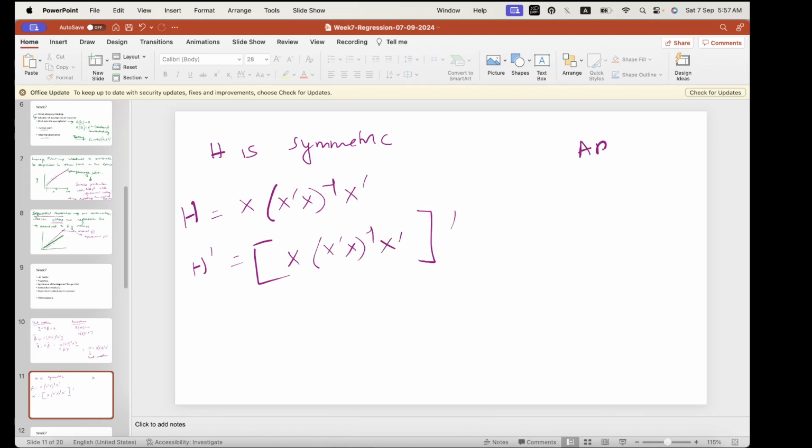We know that (AB) transpose equals B transpose A transpose, so the last factor comes to the front. X transpose becomes X, (X transpose X) inverse remains (X transpose X) inverse, and then X becomes X transpose, which is H. So H prime equal to H means that this is symmetric.